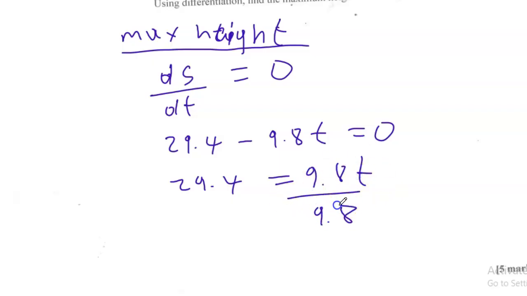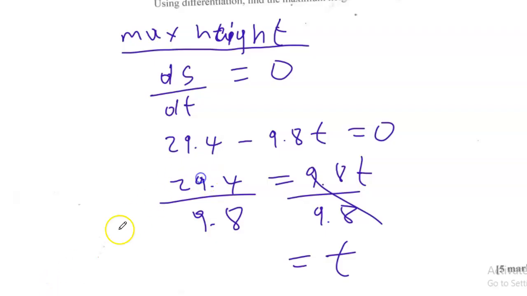Divide both sides by 9.8. So we end up with t equal to 29.4 divided by 9.8. So we get 3. So the maximum height is reached after 3 seconds.